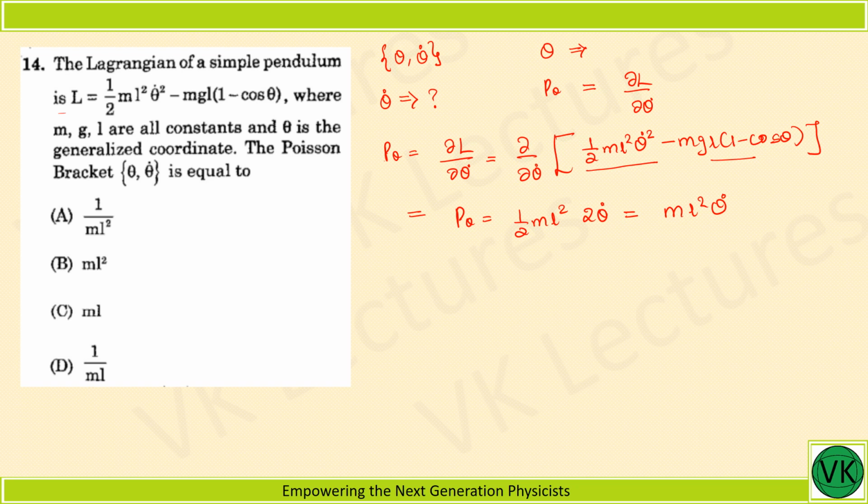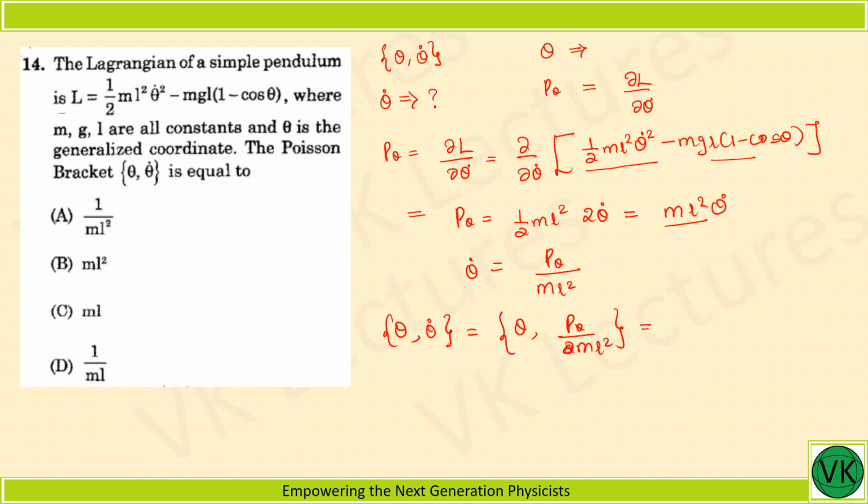From this equation we can write theta dot equal to p theta by m l squared. Now we need to find theta comma theta dot, which is equal to theta comma p theta by m l squared.